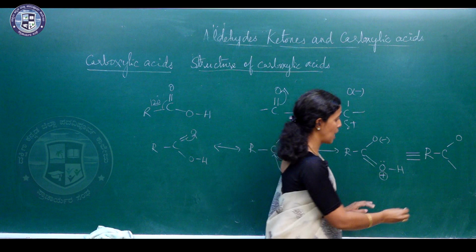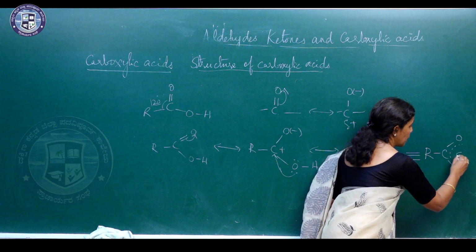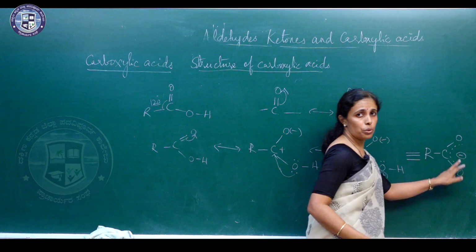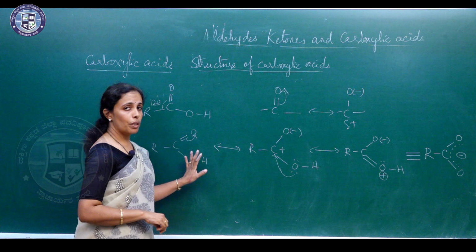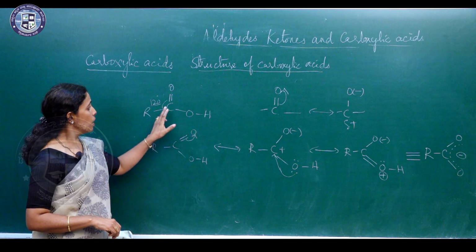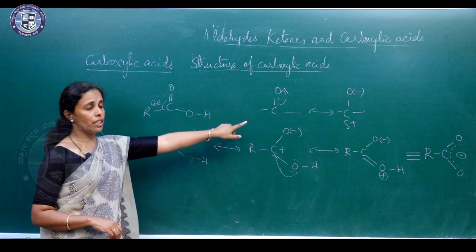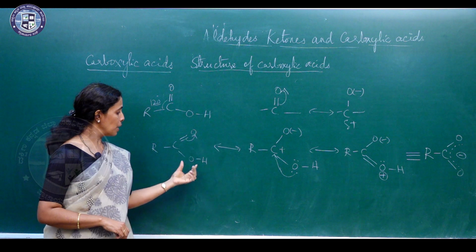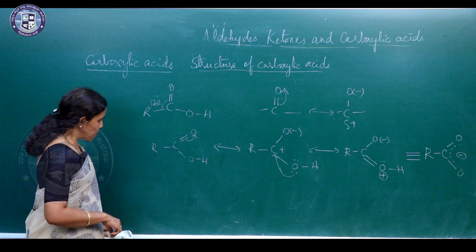This is the resonance hybrid of it, wherein the negative charge is delocalized between the two electronegative oxygen atoms. So, this is about the structure of carboxylic acid. The carboxyl carbon is less electrophilic when compared to the carbonyl group, mainly due to the presence of the OH group.